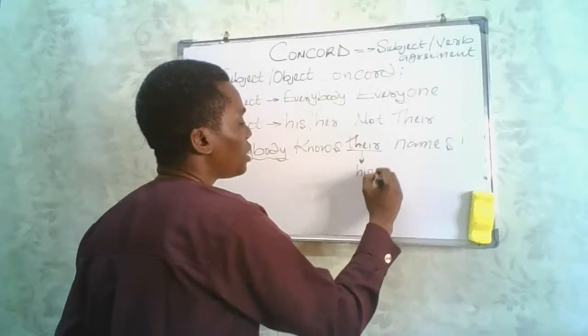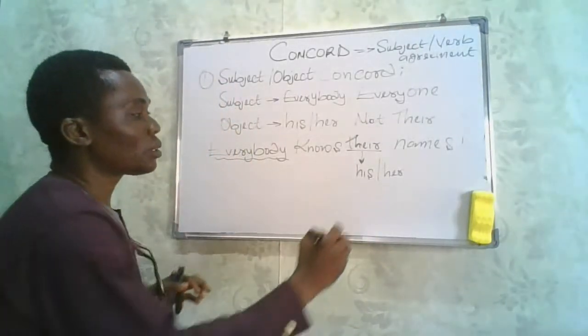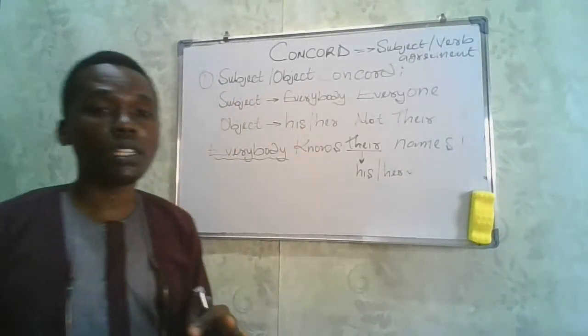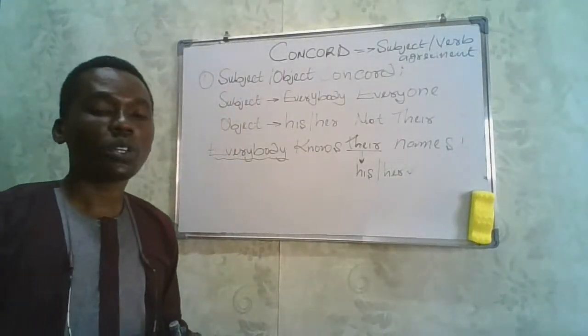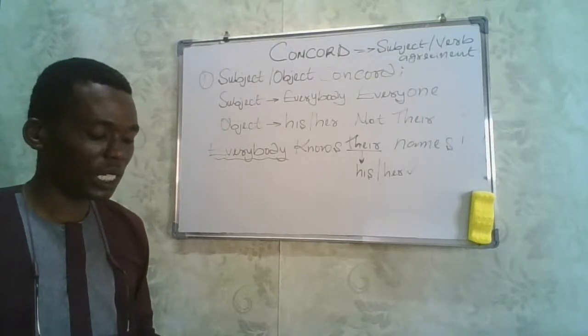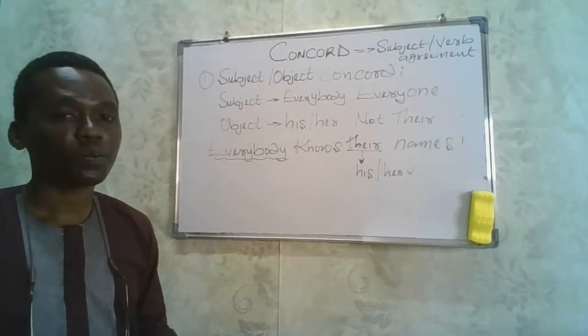But under JAMB, when you are sitting for JAMB, this is not acceptable. You either use his or her, and that is the correct term you use. So everybody knows his or her name. Under JAMB examination, that is exactly what we should use.